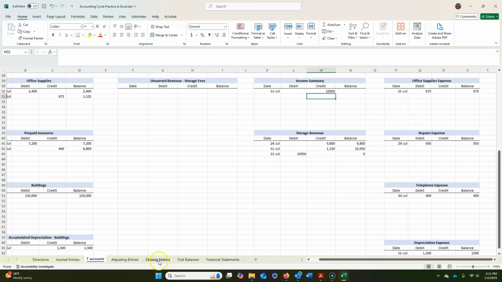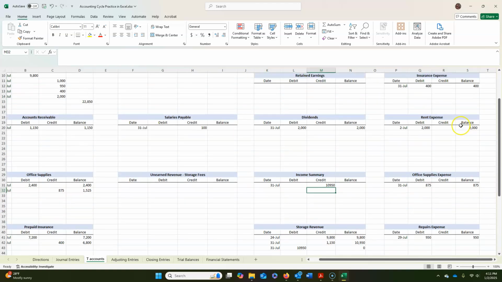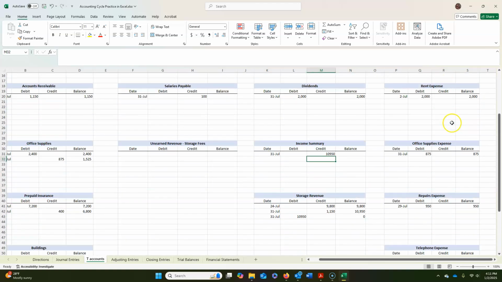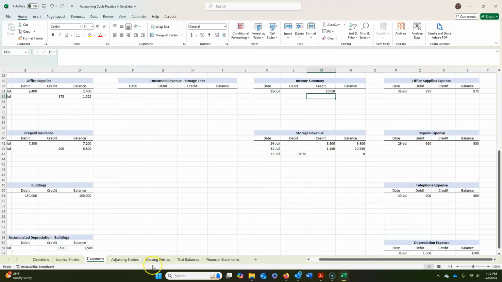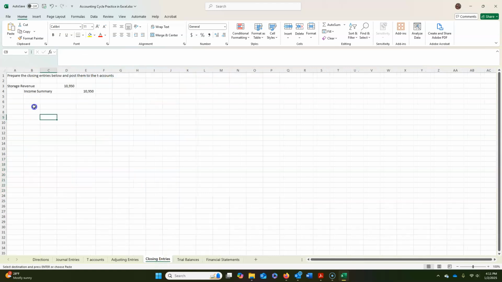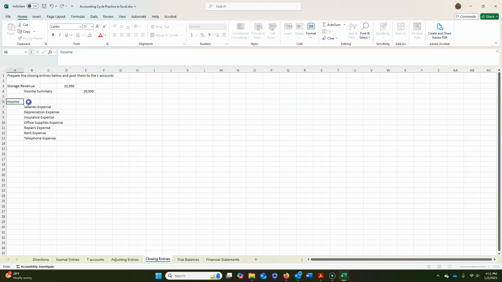Okay, so now we're going to close all of our expenses. So we are just going to take salaries expense, insurance expense, rent expense. To make this easier, I'm going to copy all of them right here. We're going to debit income summary.